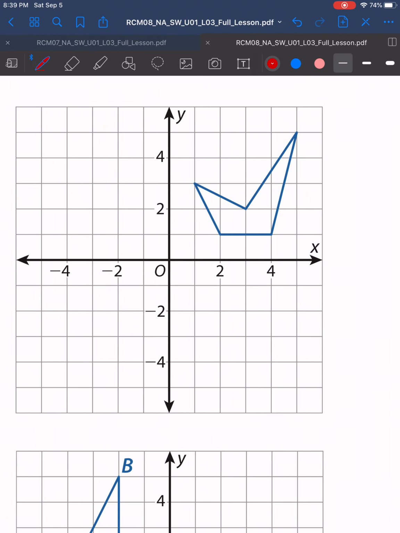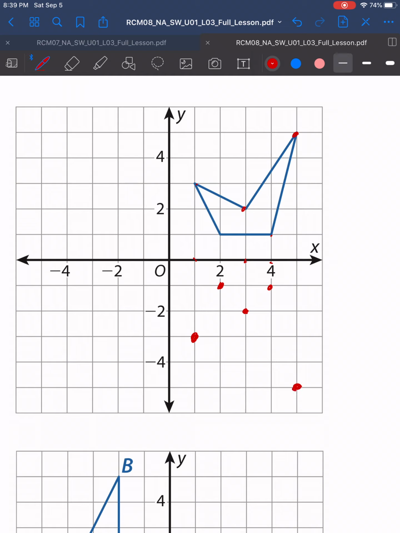So let's see here. This is over 1, up 3, so this one would be over 1, down 3. This one is over 4, up 1, so we'd go over 4, down 1. This guy is over 3, up 2, so over 3, down 2. And then this guy way up there is 5, 5.